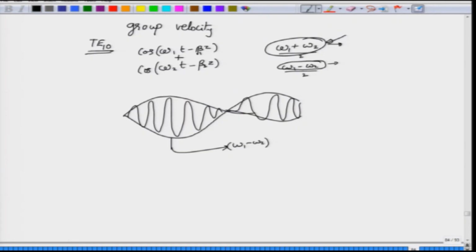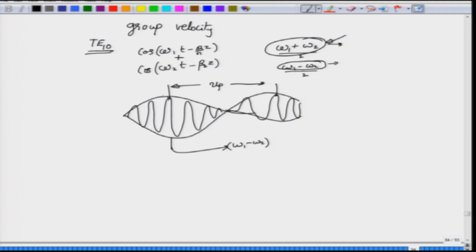So, if you are interested in what speed the carrier will move, you can mark off a point and then look at the time taken for this point to go through a given phase reference, and that velocity will turn out to be the phase velocity, okay.